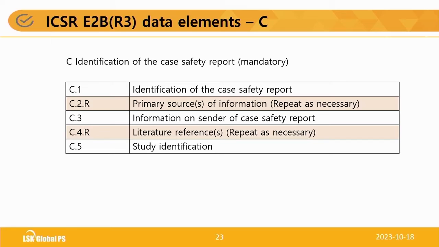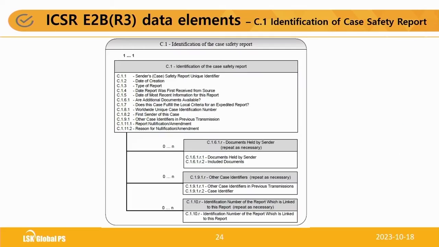C.1, identification of the case safety report, of course is not repeatable. C.2.R, primary sources of information: there might be multiple primary sources, so repeat as necessary. And C.4.R, literature references: there might be multiple references. And C.5, study identification, is unique, so it can't be repeated.